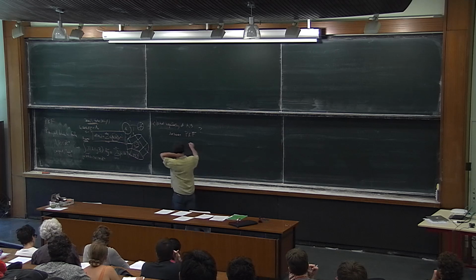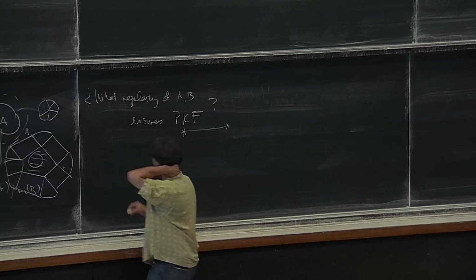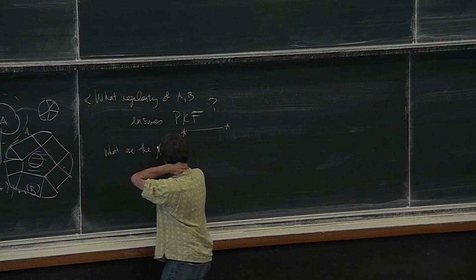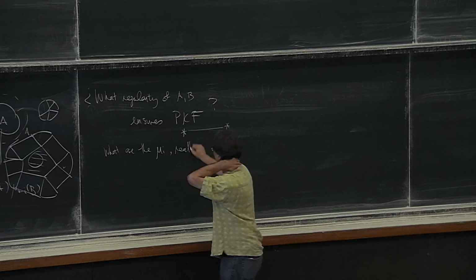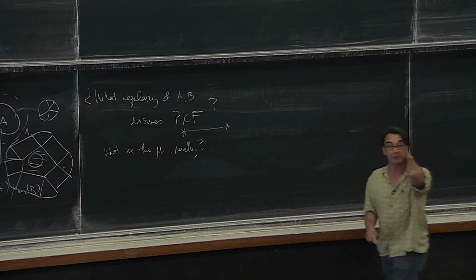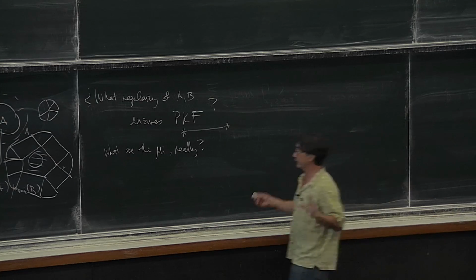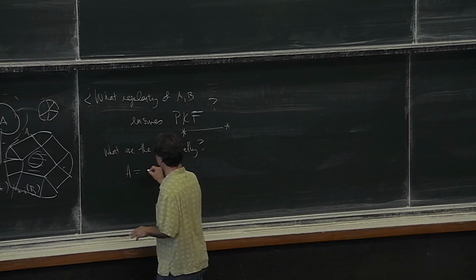I want to understand better what these functionals mu i are. So let's again take A to be something rather smooth. Say let's take A to be some smooth domain.